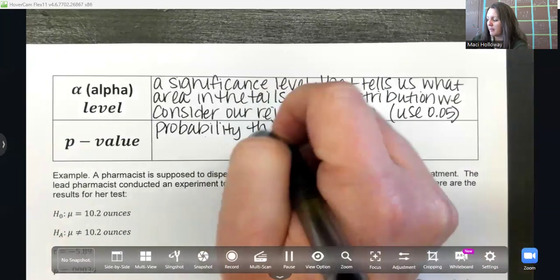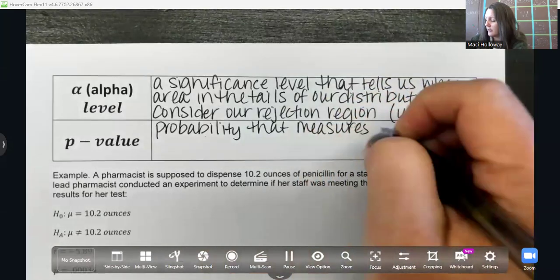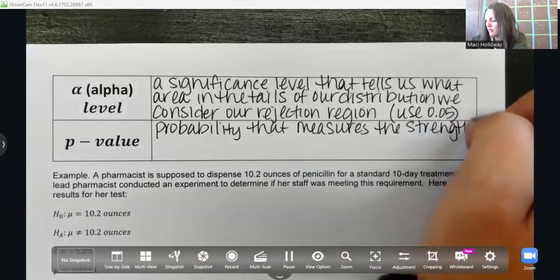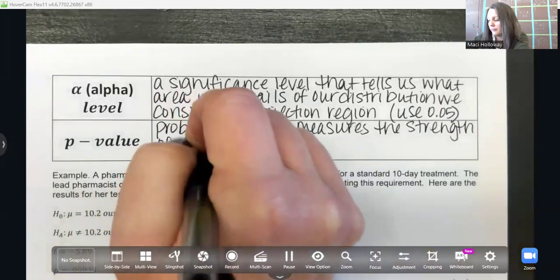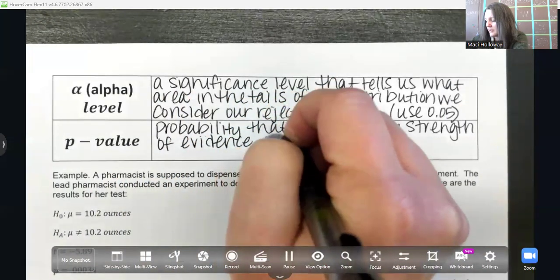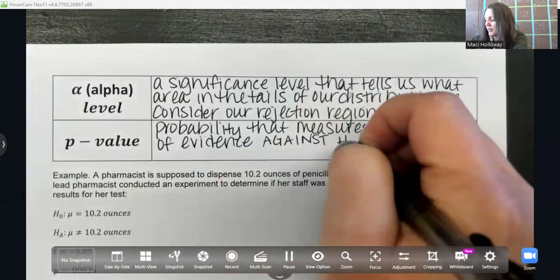So probability that measures the strength of evidence against the null hypothesis. So I'm going to write this: against null hypothesis.